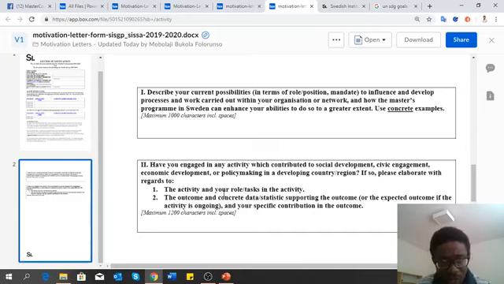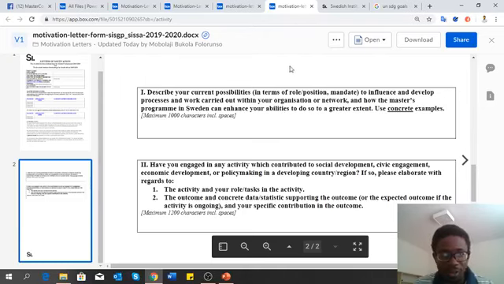They're asking about your leadership skills, your network experience, your volunteering experience. It's very important that you don't just talk about your leadership experience from work. You talk about your leadership experience from outside the work. It's very important.